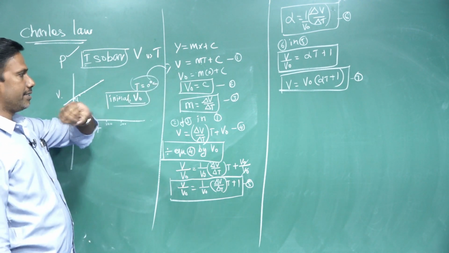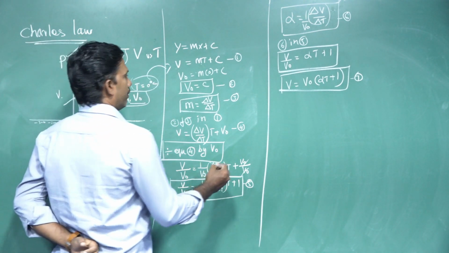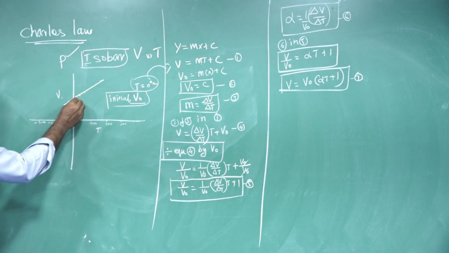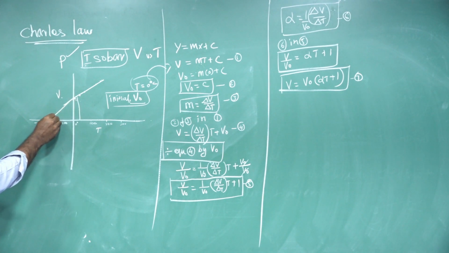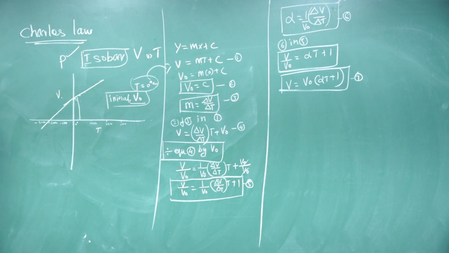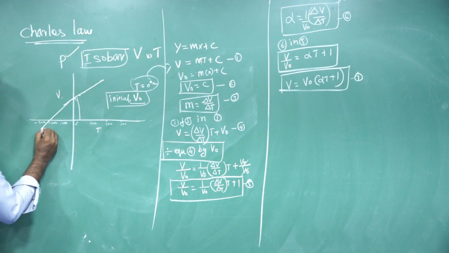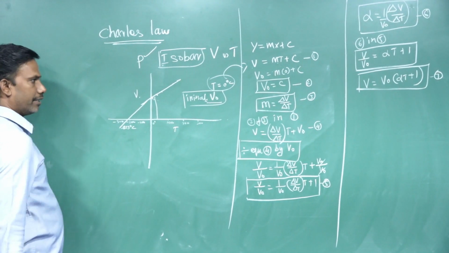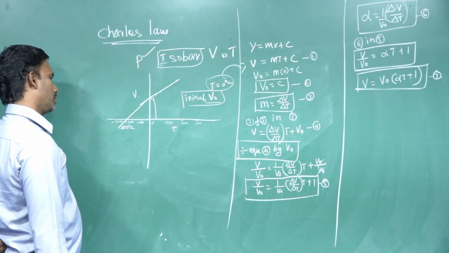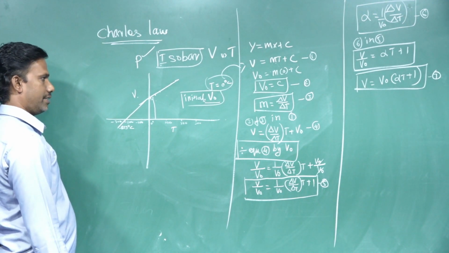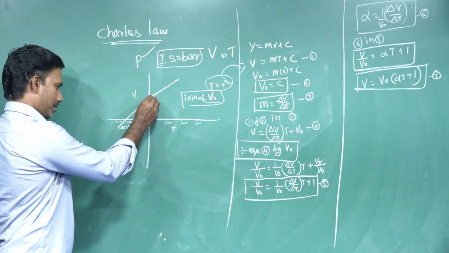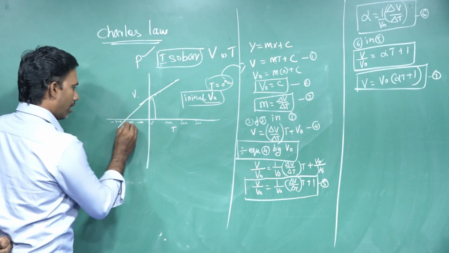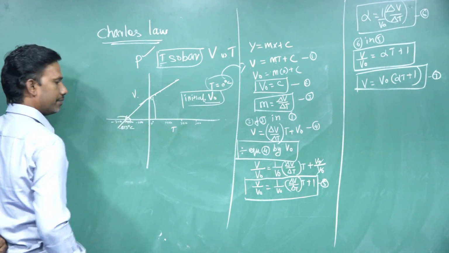What does this imply? Now again come to the graph here. When you extrapolate the graph, it goes to minus 273 degrees Celsius.